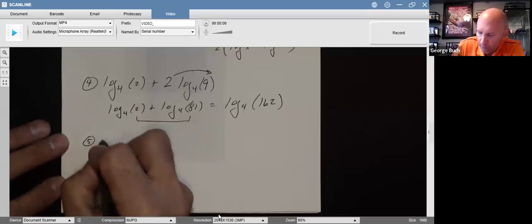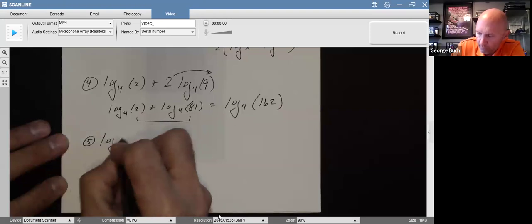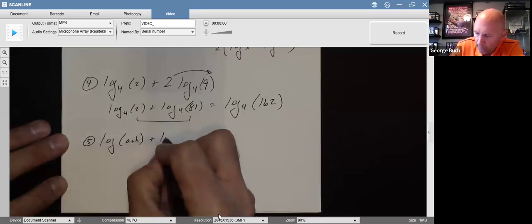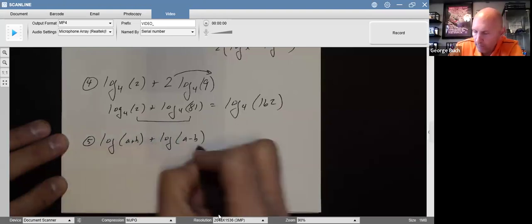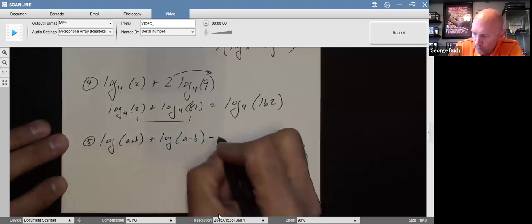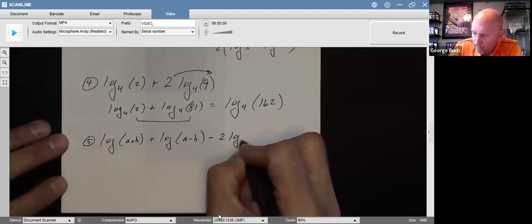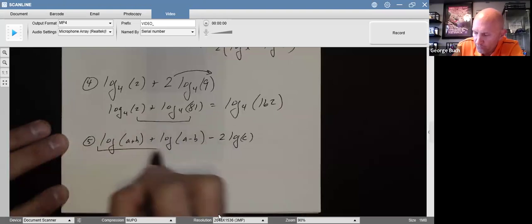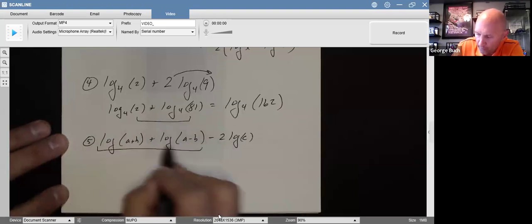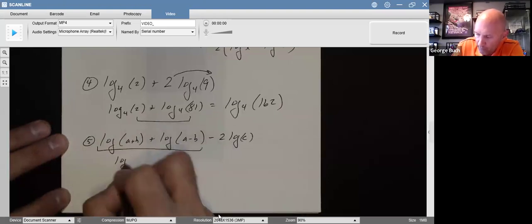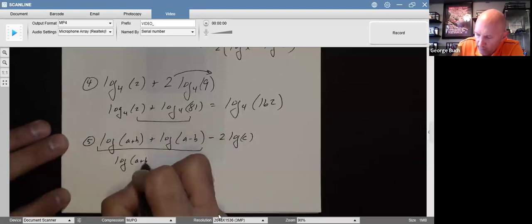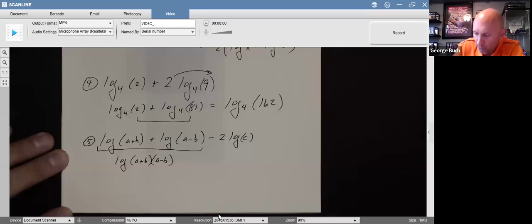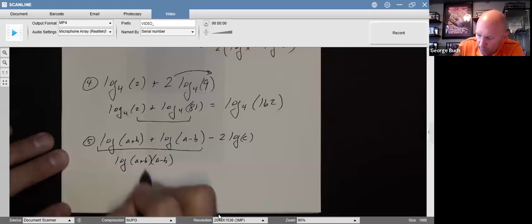What if I have log of a plus b plus log of a minus b minus 2 log of c? All right, well, these first two, it's addition, so I can multiply them. So this is log of a plus b times a minus b. Well, that's what? That's a difference of squares. If I FOIL this, this guy is really what?